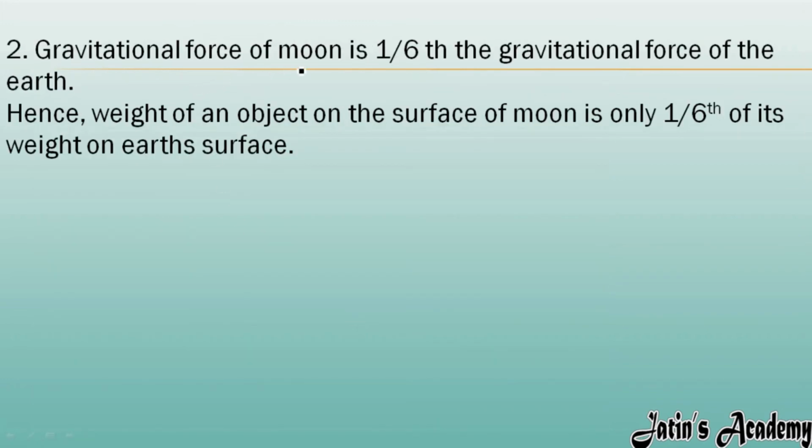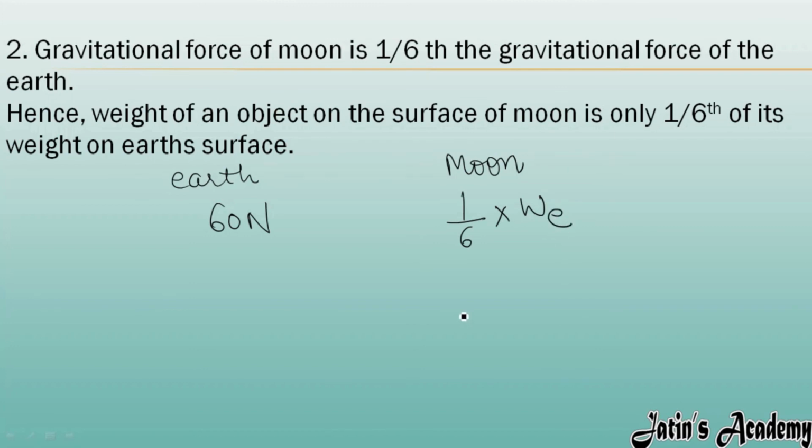Next, gravitational force on the moon is 1/6 of gravitational force on earth. What does it mean? For example, on the earth's surface my weight is 60 Newton. But when I go to the moon's surface, it will be only 1/6 of the weight on earth.